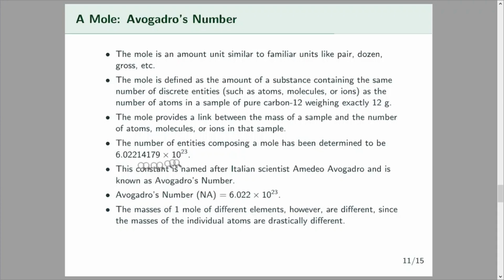It's why it took us so long to figure out that atoms are tiny, that there's a minimum size to matter, right? The mole provides the link between the mass of a sample and the number of atoms or molecules or ions in that sample.